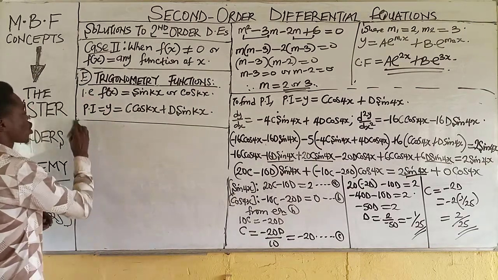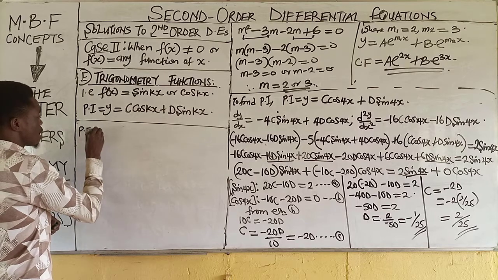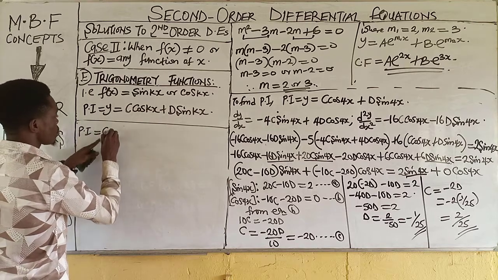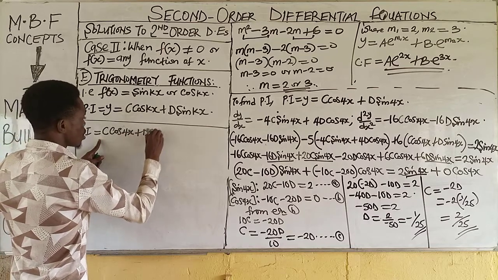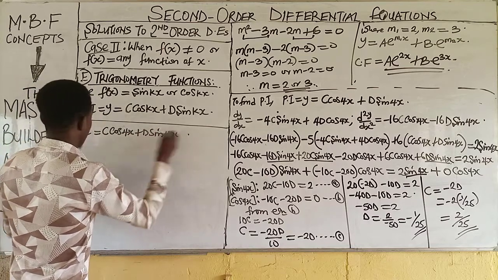At this point, we record that the particular integral is equal to c cos 4x plus d sine 4x.